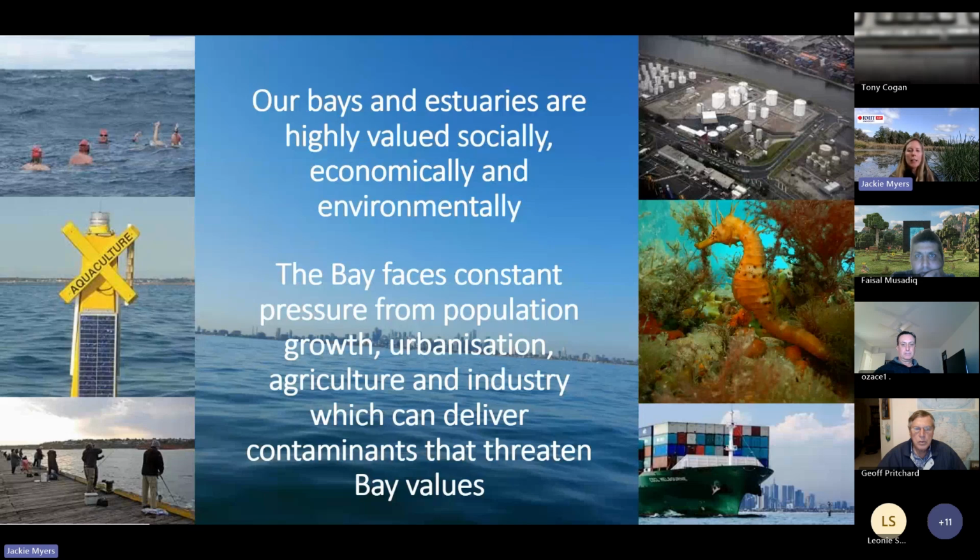These factors can lead to the introduction of contaminants into the bay's environments, which can potentially disrupt the delicate balance of this ecosystem. These contaminants can adversely affect the marine life. They can affect the bay's natural beauty and its recreational, cultural and economic values. So it's really important that we understand the occurrence and the types and also the distribution of contaminants so we can work towards solutions to protect and maintain the bay's assets.